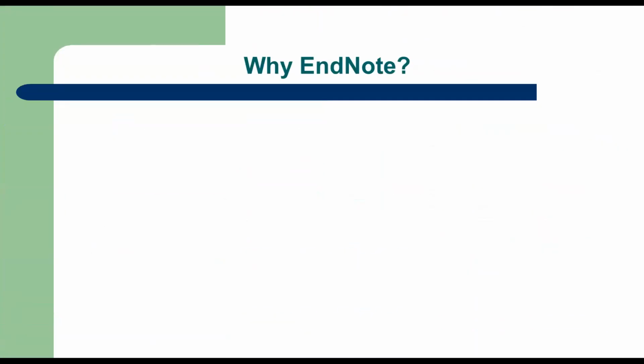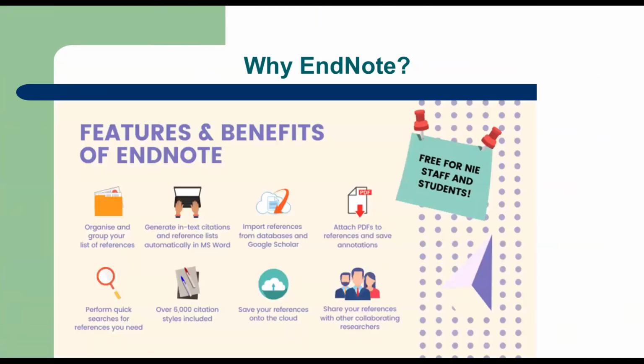So why do I prefer EndNote? What does EndNote offer you more than the other reference management softwares? If we look at this, EndNote does multiple tasks for you. It organizes and groups your reference list.